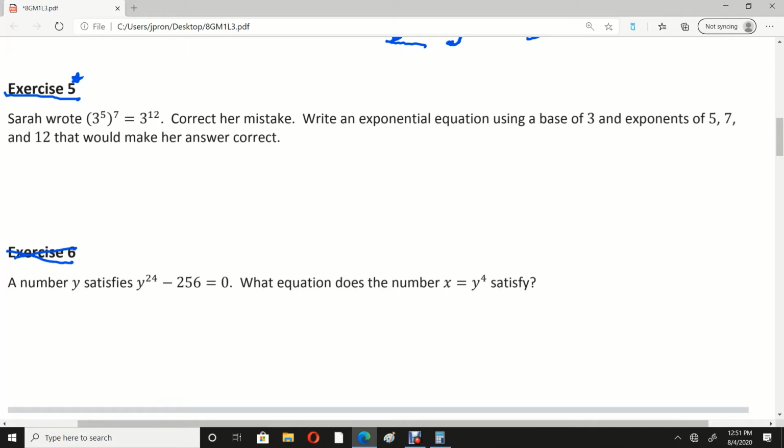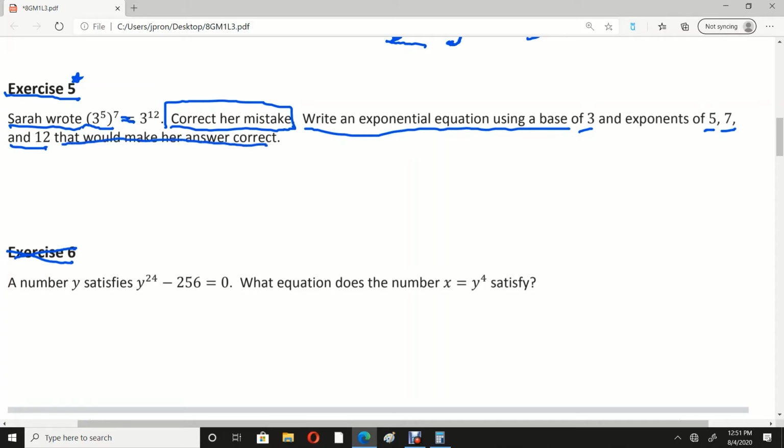Okay, exercise 5. Sarah wrote 3 to the 5th power raised to the 7th power equals 3 to the 12th power. Correct her mistake. So here they're already telling us that she's wrong. So we know that she made a mistake. Write an exponential equation using base 3 and exponents 5, 7, and 12.